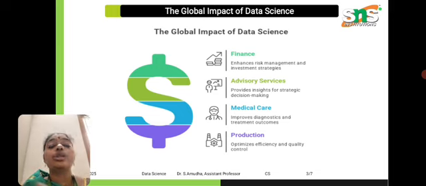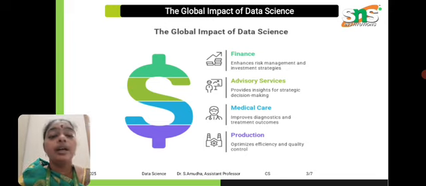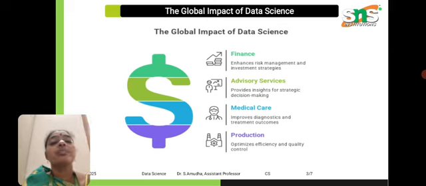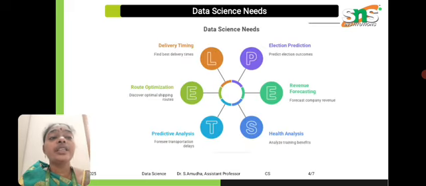Next is healthcare. Based on patient details, they give a suggestion for medicine, and medical care covers diagnostics and treatment outcomes. In production, companies predict the production of a product for the future. Data science is needed in multiple areas.